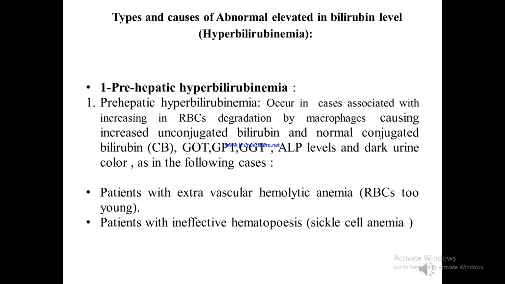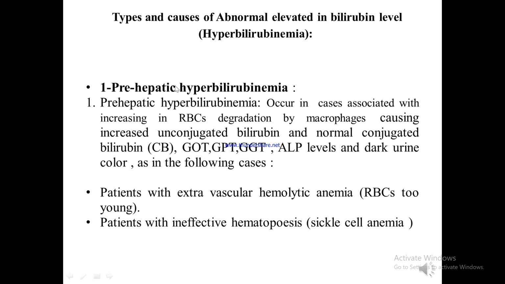Types and causes of abnormal elevated level of bilirubin. Hyperbilirubinemia has 3 types: pre-hepatic, hepatic, and post-hepatic. In pre-hepatic hyperbilirubinemia, this case occurs in cases associated with increasing RBC degradation by macrophages, causing increase in unconjugated bilirubin and normal conjugated bilirubin and other liver enzymes.